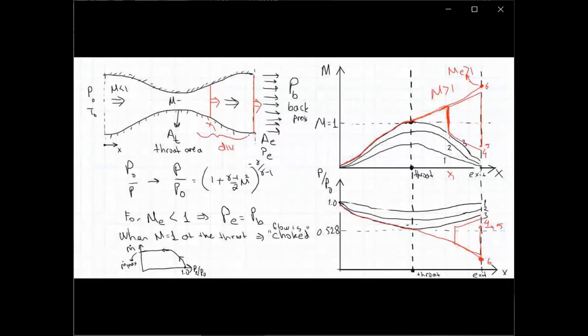The flow is choked, so we have sonic conditions at the throat, there's no shock wave in the diverging part, and the exit is supersonic. So that's our objective. That's basically the development of the flow field from subsonic to supersonic in a converging-diverging nozzle flow.